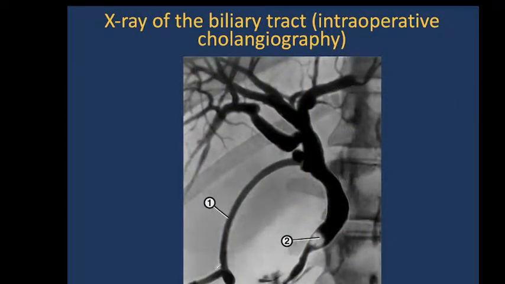Especially during the operation, when here should be the gallbladder, but it was evacuated during the operation, and surgeons put the tube inside of the bladder duct just to be sure if some concrement is not located in the choledochus, the common part, the biggest part of the biliary tract.